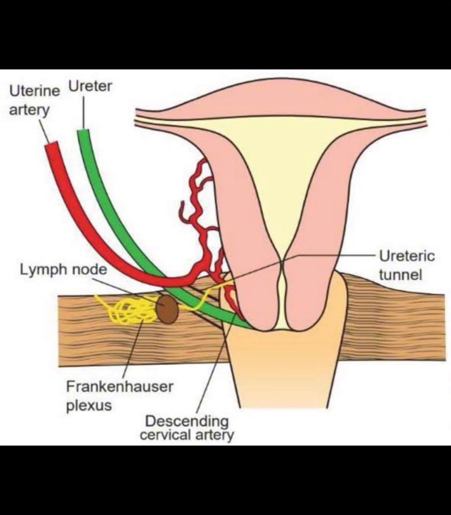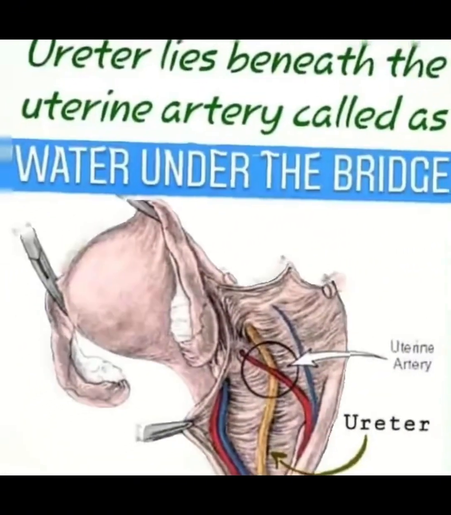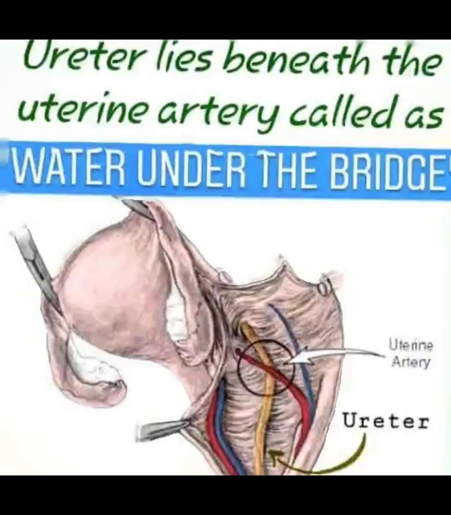The third is the ureterovesical junction, the area where the ureter is just entering the bladder. Remember, among all these three, this is the narrowest part. It's also from past papers. It turns medially to open into the urinary bladder at the level of the ischial spine, at the upper lateral border of the base of the bladder.